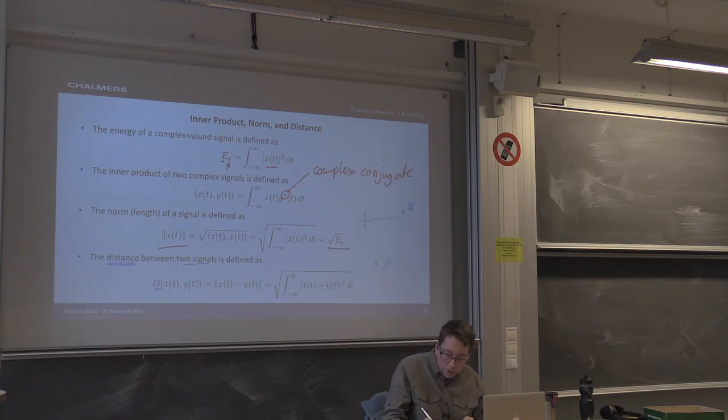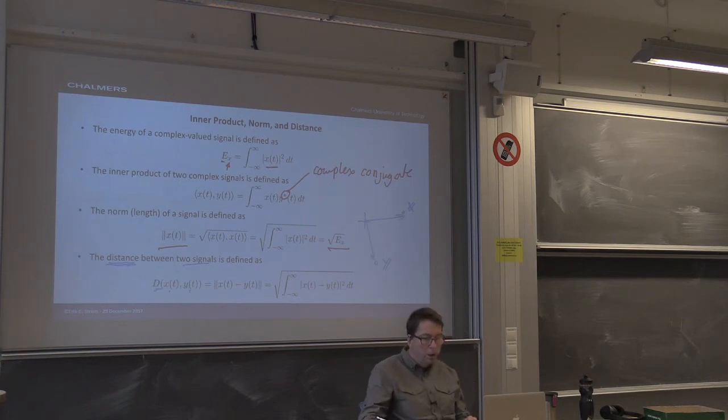We have this vector x, and we have y. What is the distance between the points x and y? Well, we form the vector x minus y, and then we get this vector, and the distance is the norm of x minus y.